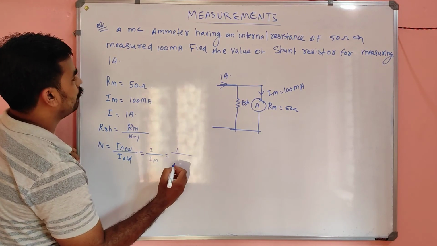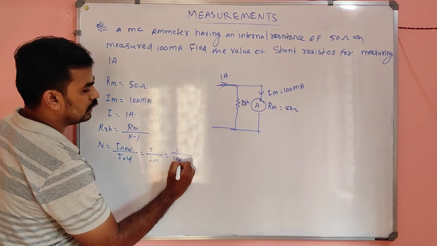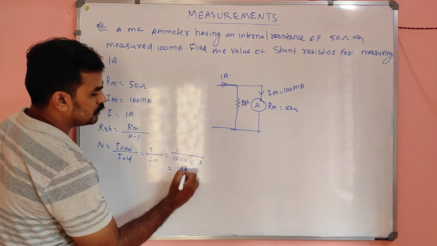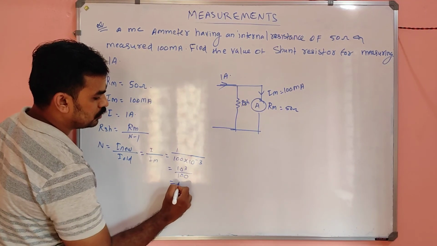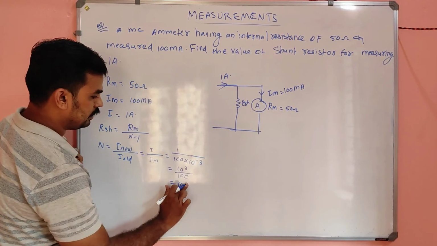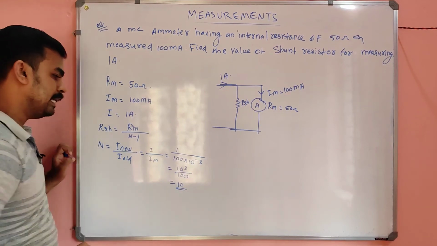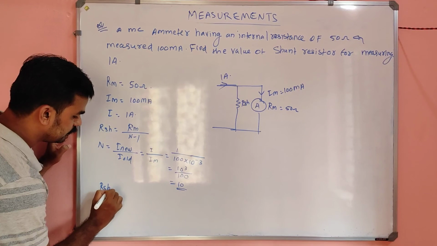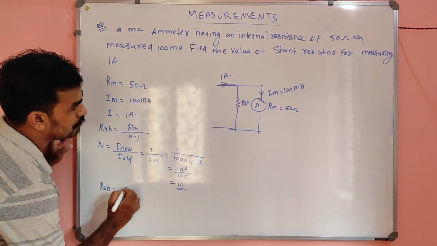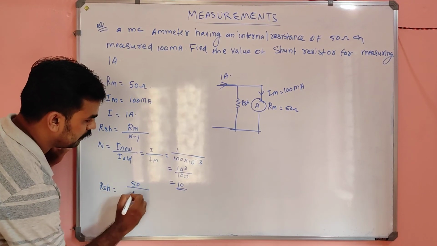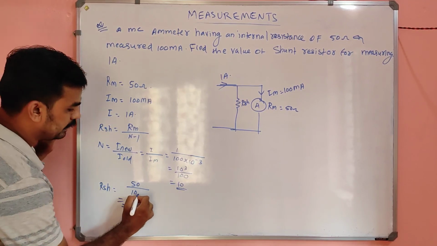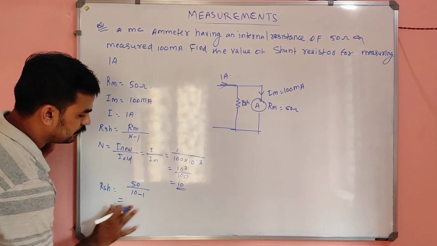1 ampere divided by 100 into 10 raised to minus 3. So it becomes 10 raised to 3 by 100, which is 10. That is the multiplication factor n, 10, no unit. So RSH is equal to Rm, which is 50, divided by 10 minus 1.